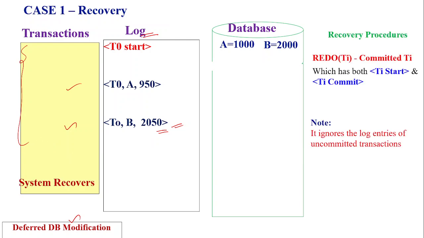Okay, since this technique is deferred database modification, when the system resumes from the failure, only the redo procedure is applicable, and this redo procedure is applied on committed transactions only. A committed transaction contains both the start as well as the commit record. If the transaction is uncommitted, then the log entries are simply ignored in order to ensure the consistency of the database.